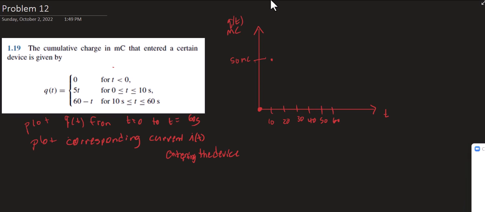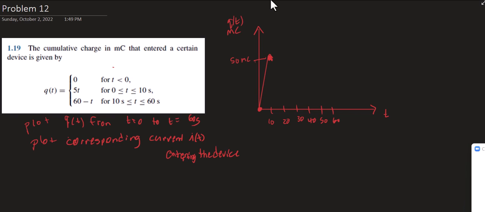And I know that's a line. Okay, and then it's 60 minus t for t between 10 and 60.